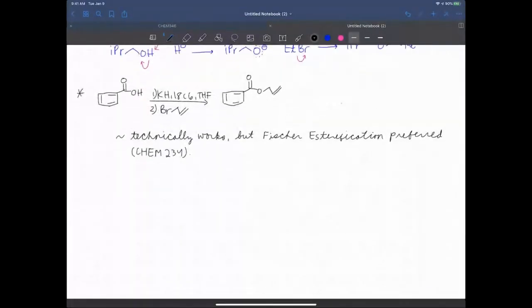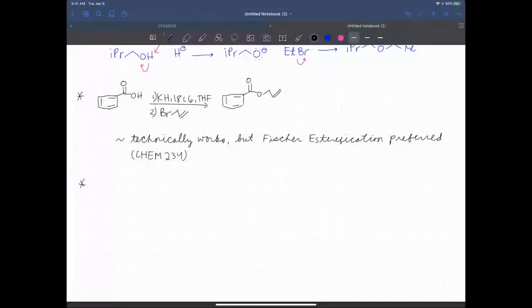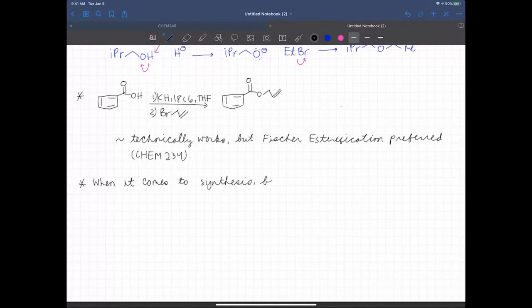okay, now synthesis strategies. When it comes to synthesis, you have to be careful. Okay, why? Because let's look at this molecule here.